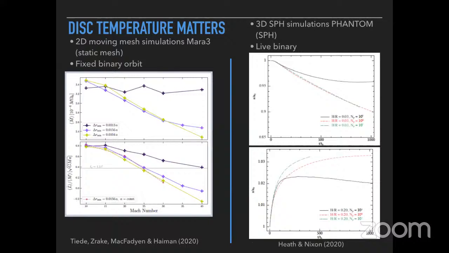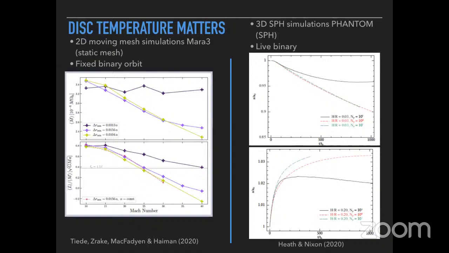More recently, a couple of years ago now, other 2D simulations, again with fixed orbit and purely hydro, have shown that the sign of the total torque depends on the aspect ratio of the disk, so how cold or hot the gas disk is. From this plot, you can see the total torque, or the variation of the angular momentum of the binary, as a function of Mach number, which is the inverse of h/r.